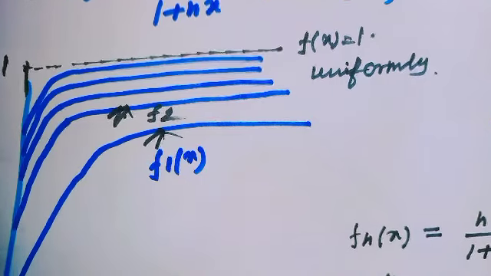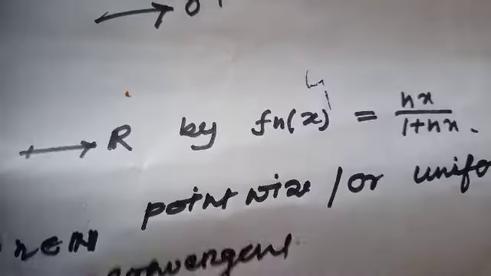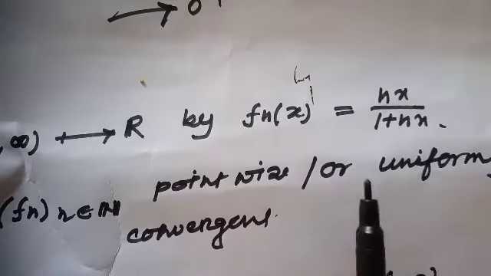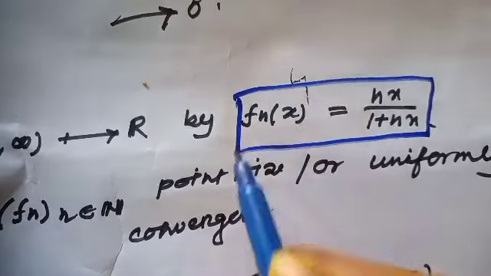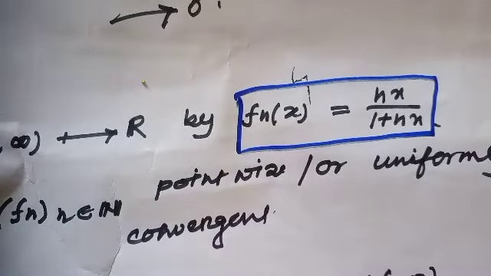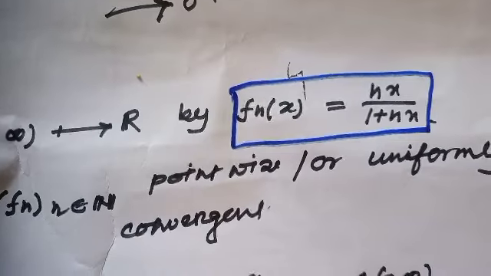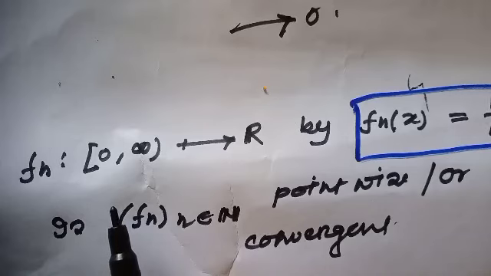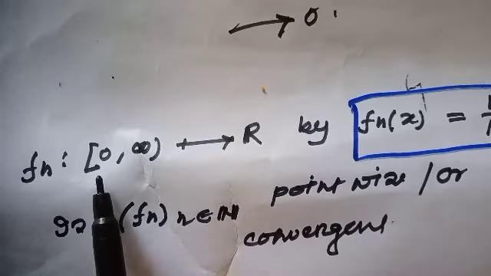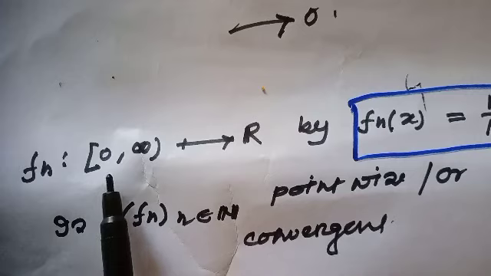Well, consider one interesting example. Same sequence of functions, fn(x) equal to nx over 1 plus nx, but here the domain has changed. The domain is not 1 to infinity; here the value 0 is also included in the domain.